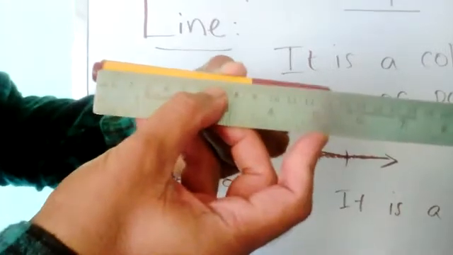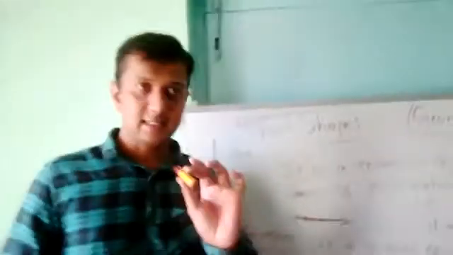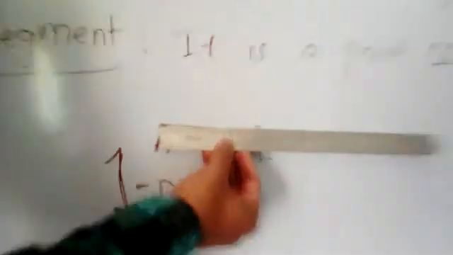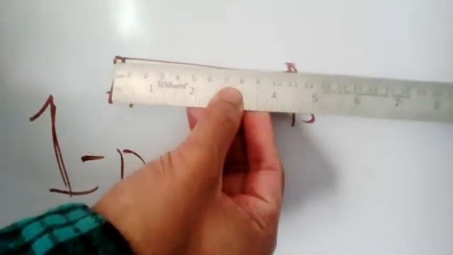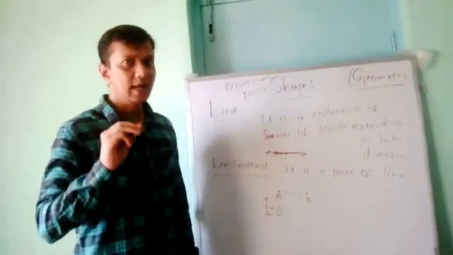So what is the length here? Around 13 centimeters. That means we are able to measure it. Similarly, can I measure a line segment or not? Yes, it has some 11 centimeters. That means it has a length. I discussed that three dimensions are there: length, breadth and height.